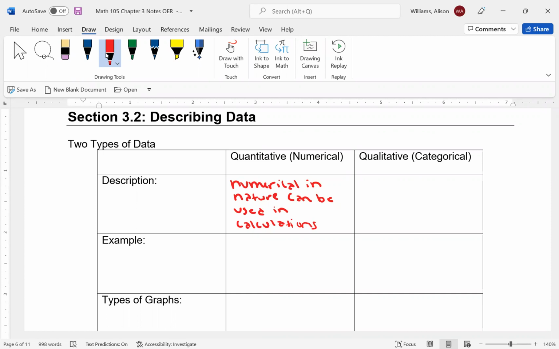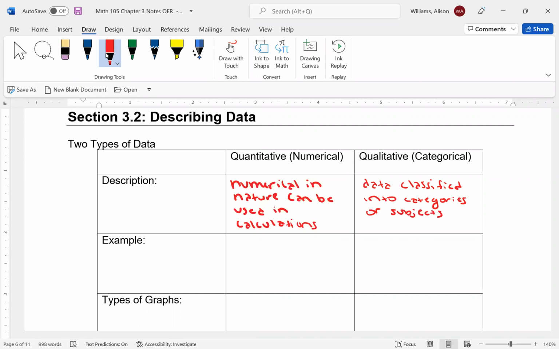So it's natural data, data that appears numerically by nature, like weight or height or length or something along those lines. Okay, so qualitative data is data that's classified into categories or subjects. Whatever makes sense.